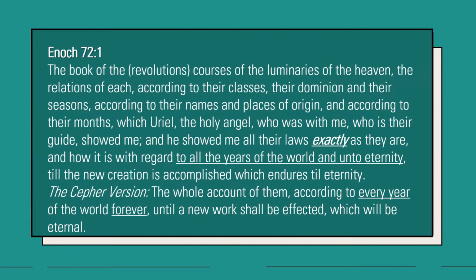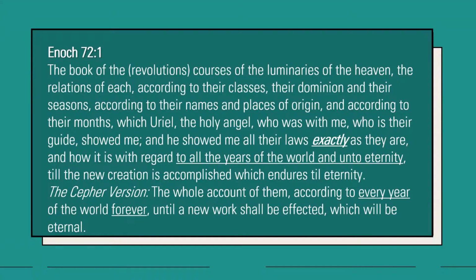Let's see what he says. The book of the revolutions, or courses of the luminaries of the heaven, the relations of each according to their classes, their dominion, and their seasons, according to their names and places of origin, and according to their months, which Uriel, the holy angel who was with me, who is their guide.